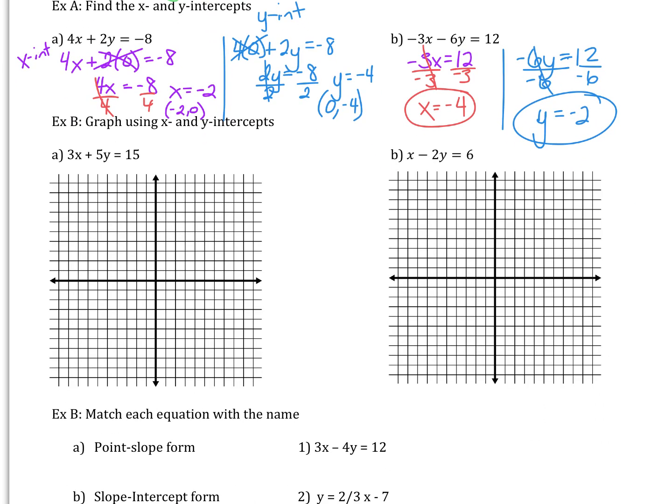So the cover-up. All right, so let's use this real fast for this. I'm going to change my thing here. Okay. So to find the x-intercept, I'm going to cover up my 5y. So 3x equals 15, what's my x? Yeah, 5, right?